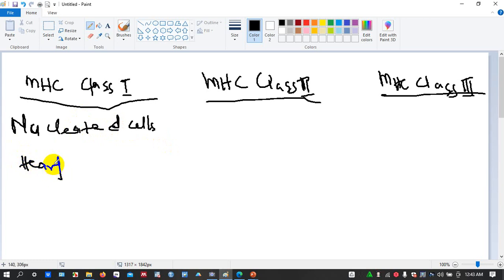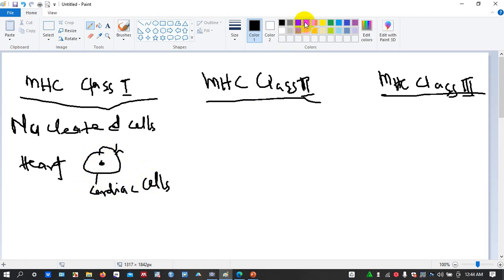The heart has what? Cells like this. We call them the cardiomyocytes or cardiac cells. That's the cells of the heart. Cardiac cells have what? MHC molecules on their surface.